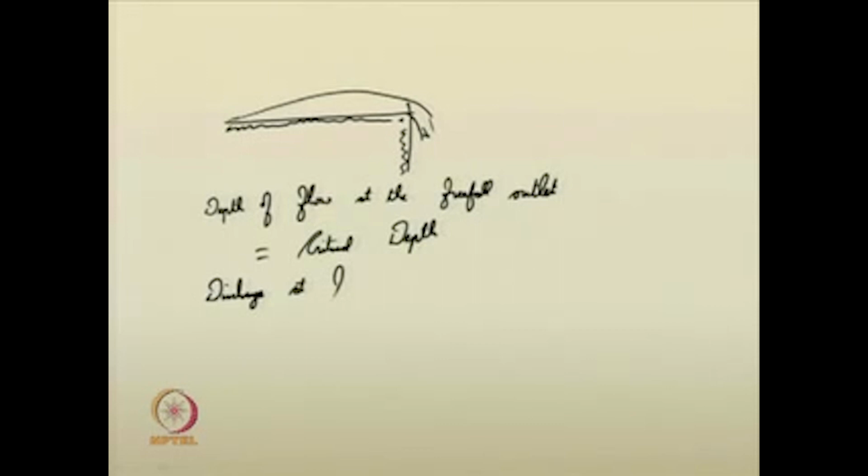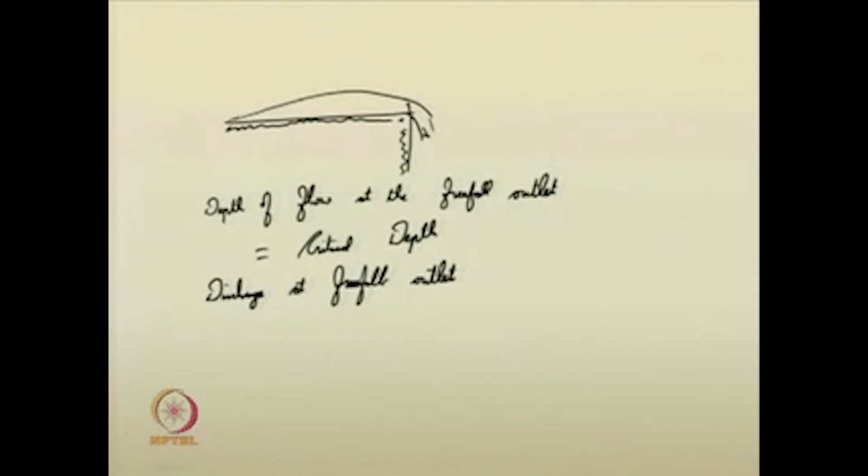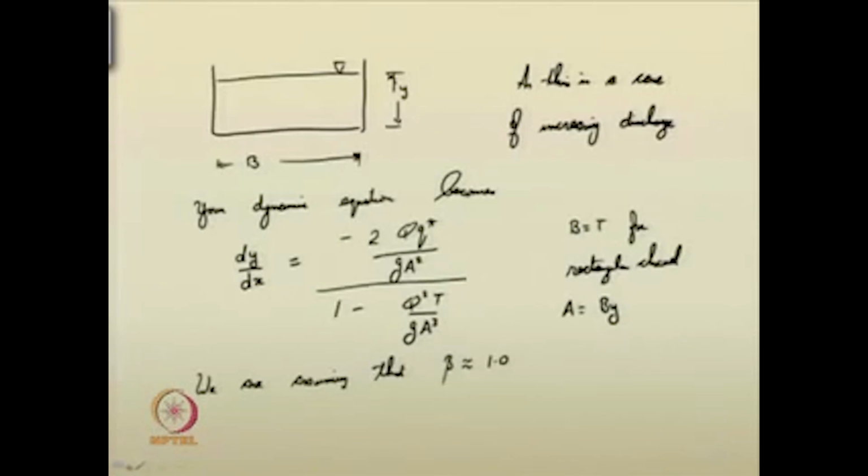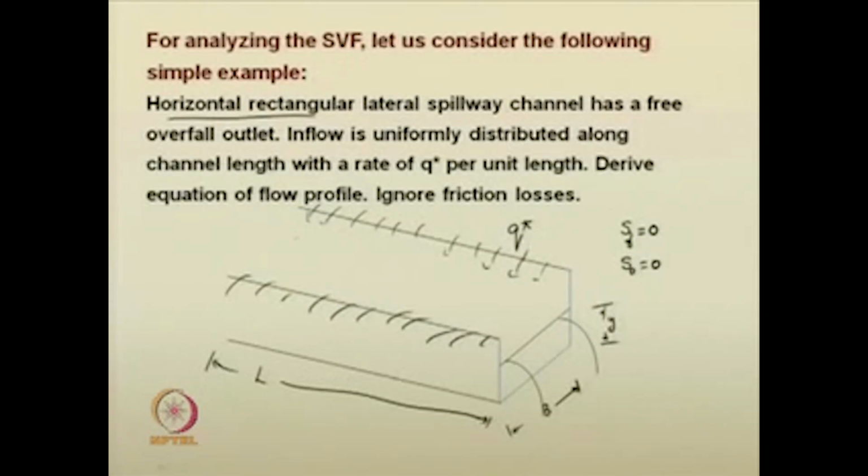what is the discharge at the free fall outlet? If you recall, we had suggested that water is slowly increasing from this section to this section as it goes downstream. So, the rate of increase is q star per unit length.